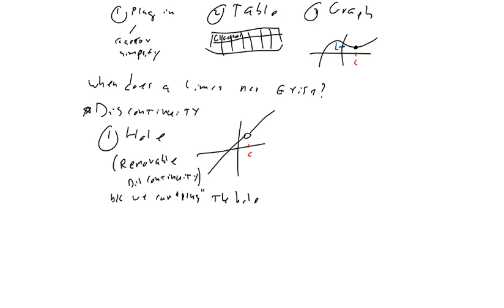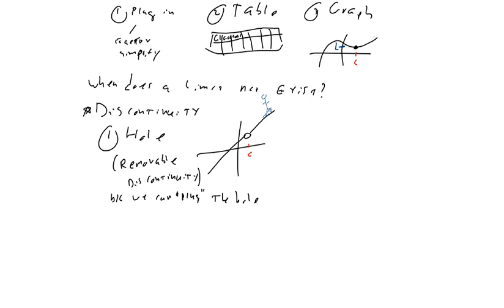Now think of continuity like, can you skateboard across the graph and not fall through a hole? When there's a hole in the graph, it breaks it. So imagine a skateboard, right? Here's a skateboarder on their board.